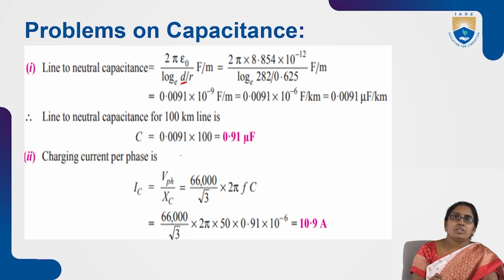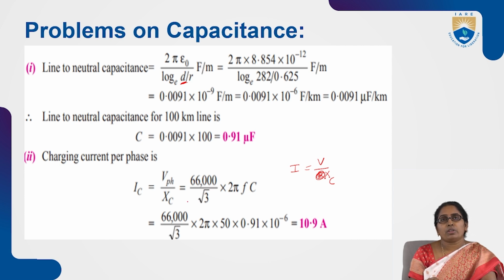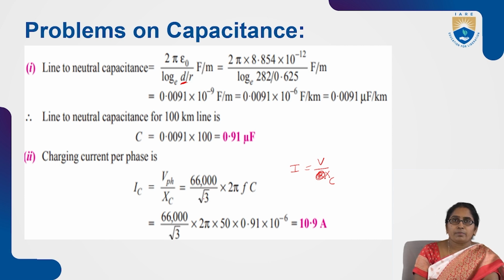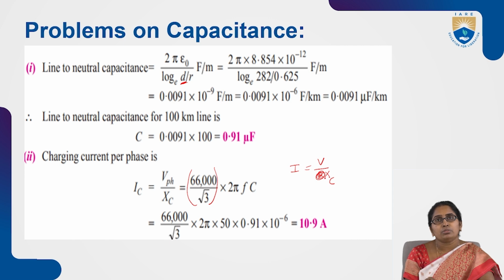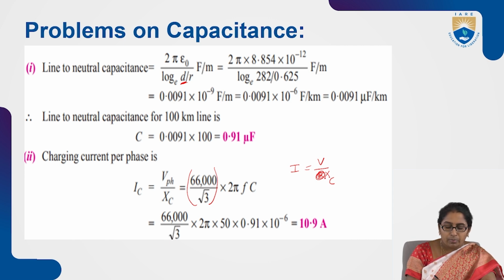Now, charging current. From basic Ohm's law, I is equal to V by R, but here the impedance is the capacitive reactance, so I is V by XC. We want the charging current per phase, so the voltage value is also the phase value. They have given 66 kV line voltage, so the phase value is 66,000 by root 3.